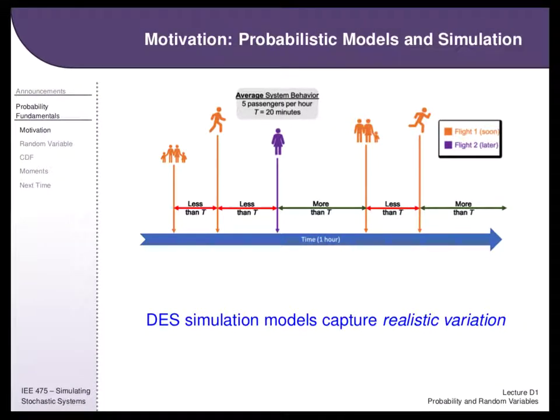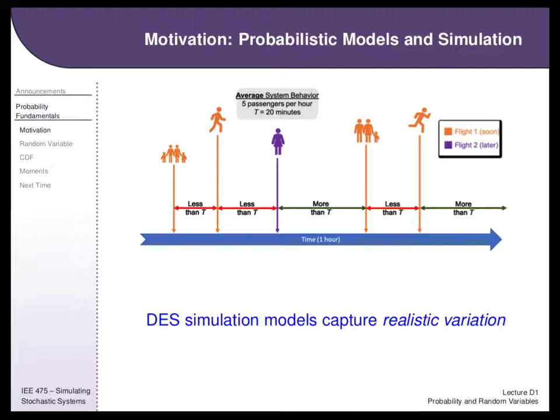So now we have to get into probability. I have to motivate why we have to review probability, and hopefully this is starting to become clear. We said that these DES simulation models characterize realistic variation. I've given this timeline example where people arrive to an airport, and we might coarsely say they arrive 1 party every 20 minutes, but we don't actually know.